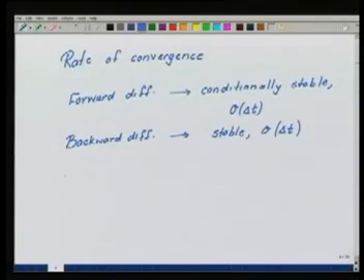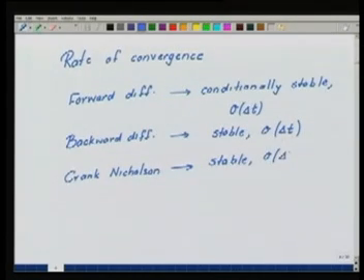Now we had also talked of the Crank-Nicolson scheme. This is stable and the rate of convergence here is quadratic. That is, the error converges as delta t squared.